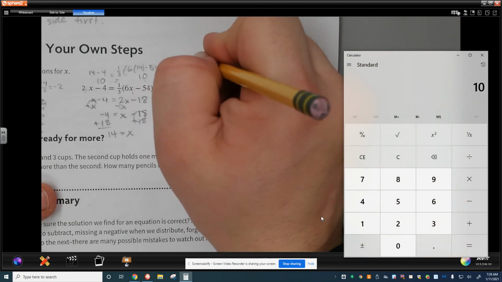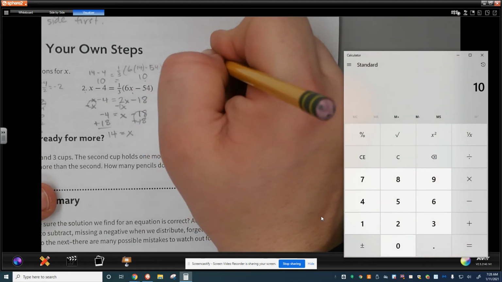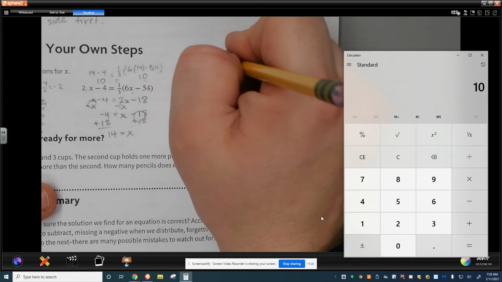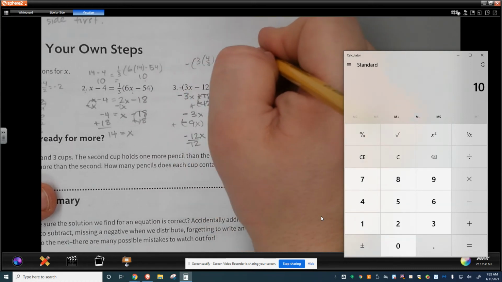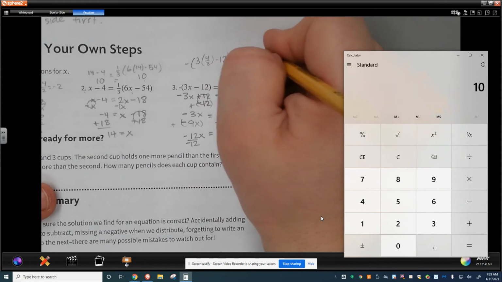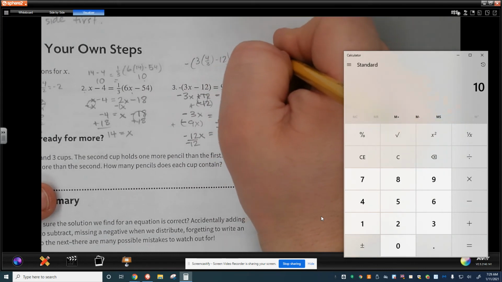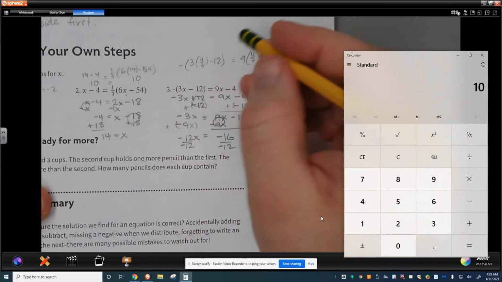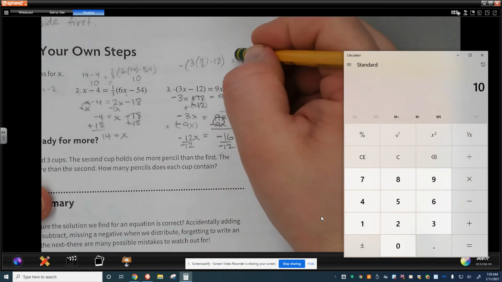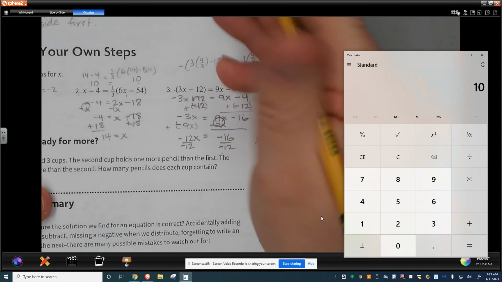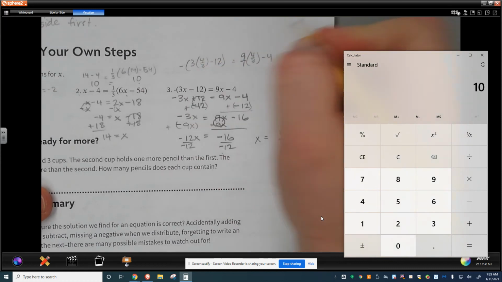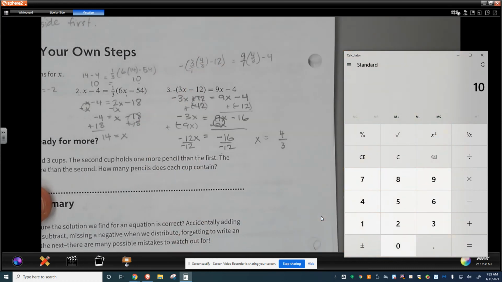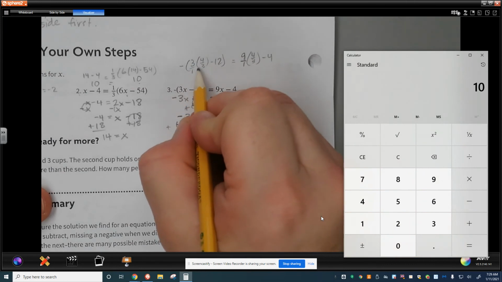The opposite value of 3 times 4/3 minus 12 is equal to 9 times 4/3 minus 4. Now, it's kind of tricky when I'm multiplying a number by a fraction that's not another fraction. So let's take 9 and turn it into a fraction of 9 over 1 and 3 over 1. And then 3 times 4 is 12.